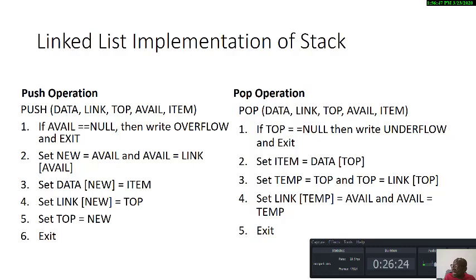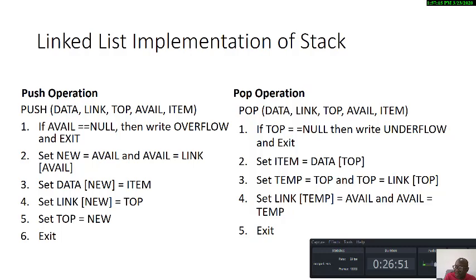But if it is not null and is pointing to a node, then you go to the data portion of that node where top was pointing to. So data at top is now assigned to item, so that your item will contain the value that you want to remove. Then you adjust the top pointer to point to the next item in the list.